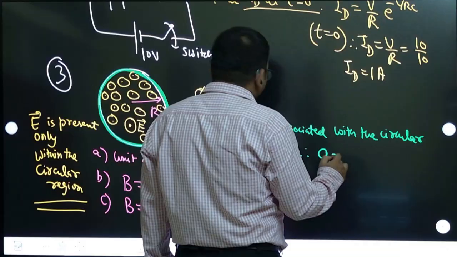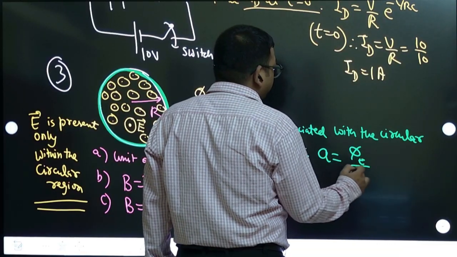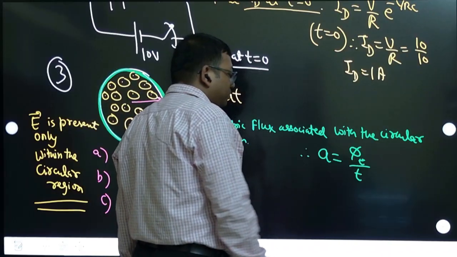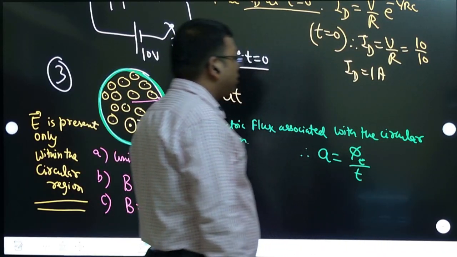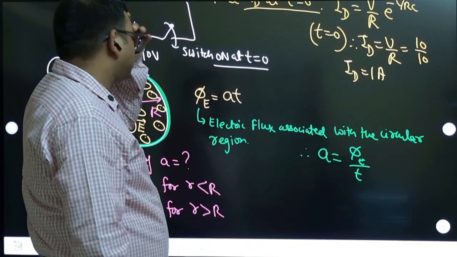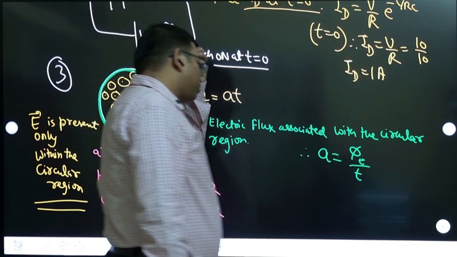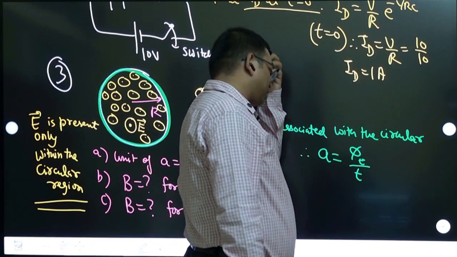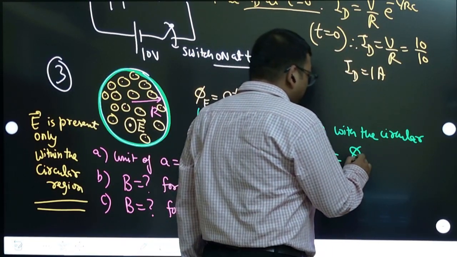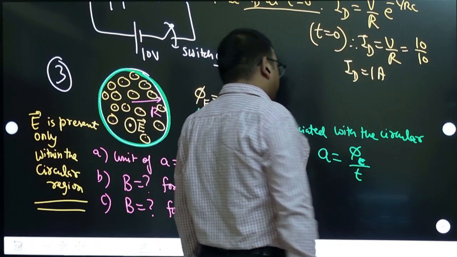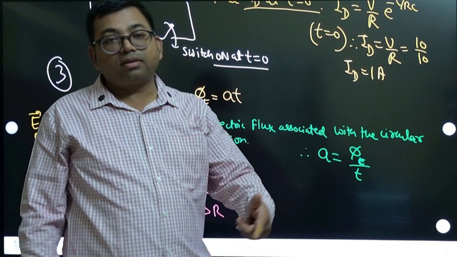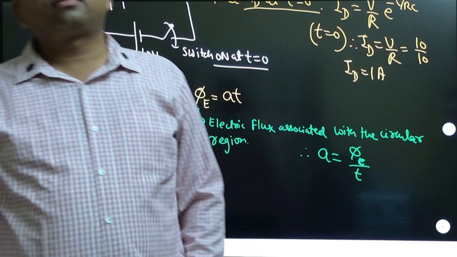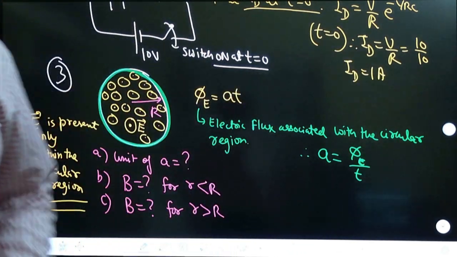A is equal to flux by time, the rate of change of flux. So one way to solve for the unit: what is the unit of electric flux? What is the SI unit of electric flux?